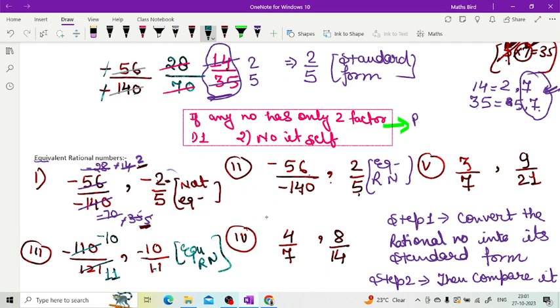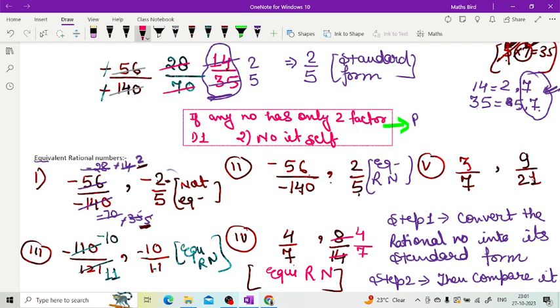Now the fourth one. The fourth one is 4 by 7, 8 by 14. 4 by 7 is already in standard form because they don't have any common factor. 8 by 14: 2 fours are 8, 2 sevens are 14. 4 by 7, see, 4 by 7, 4 by 7. The standard form is the same. That means it is an equivalent rational number.